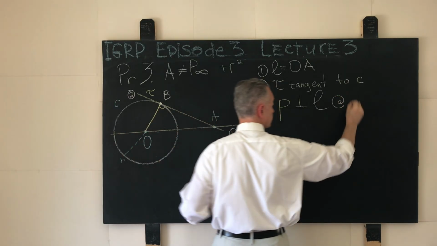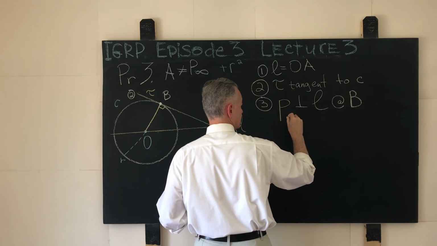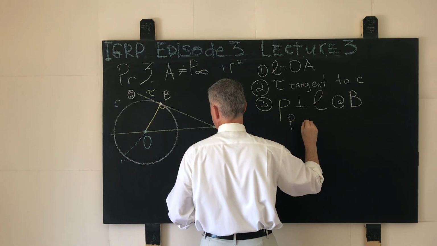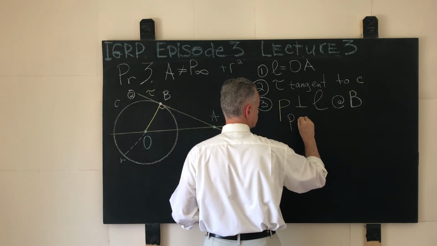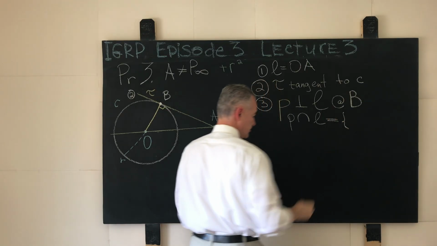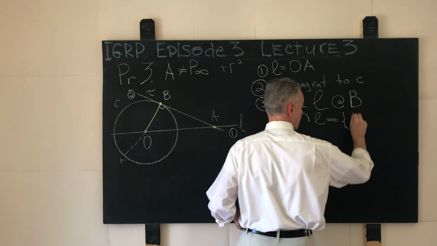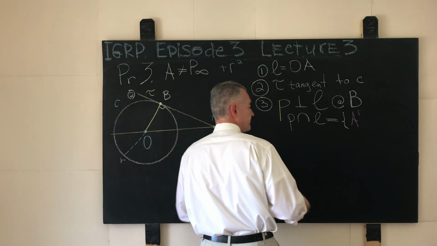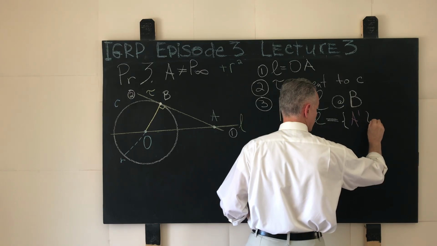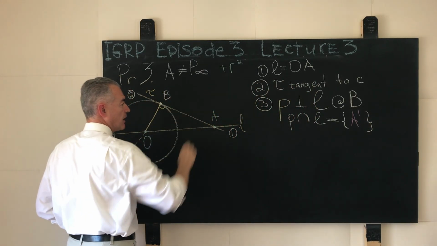Through the point B. That straight line P will intersect the straight line L at the point that is precisely the sought after image of the point A under the inversion of the plane with respect to the given circle with positive power.